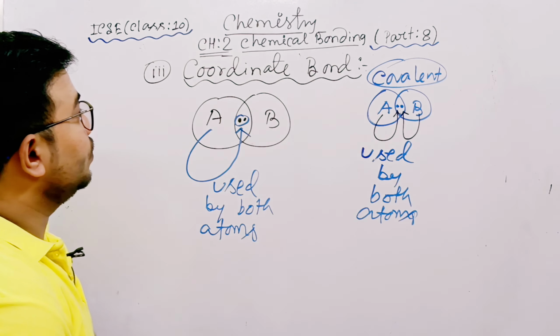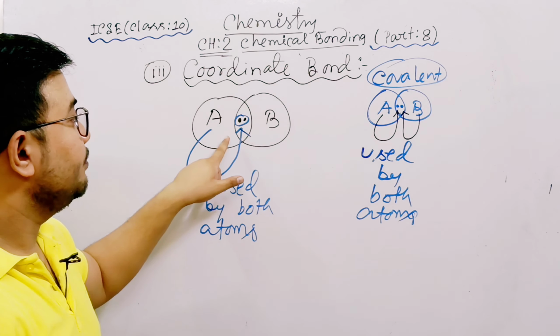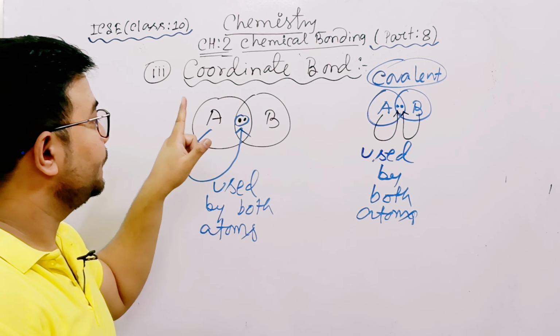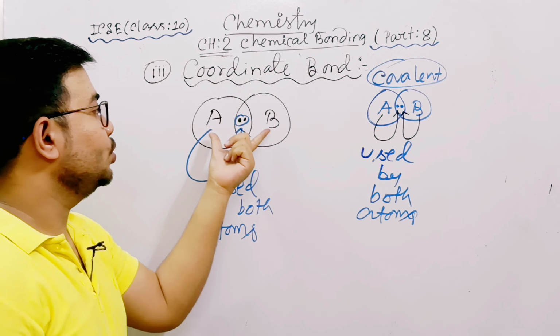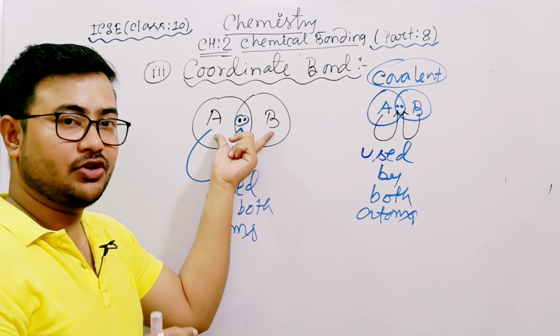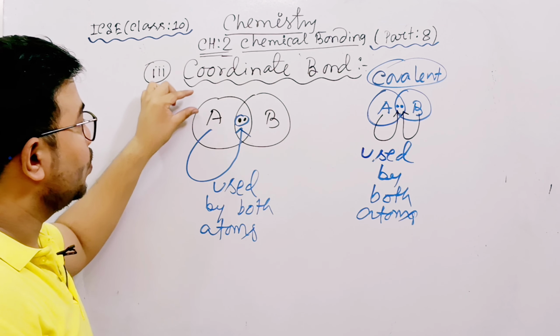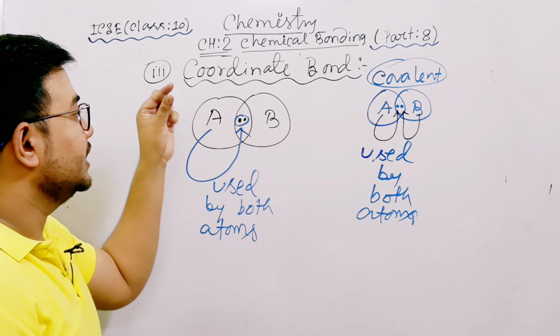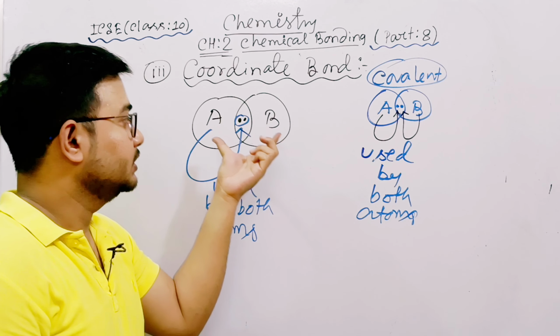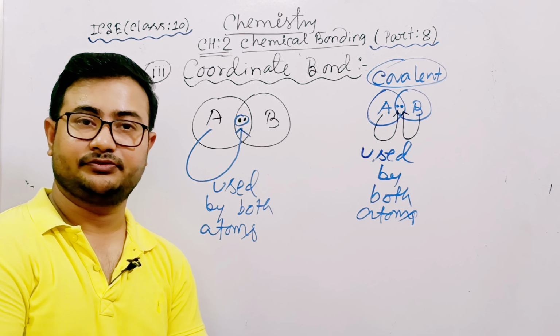The definition of coordinate bond is: the bond formed by two atoms by sharing of electrons that are entirely provided by one atom but used by both, then this bond is known as a coordinate bond.